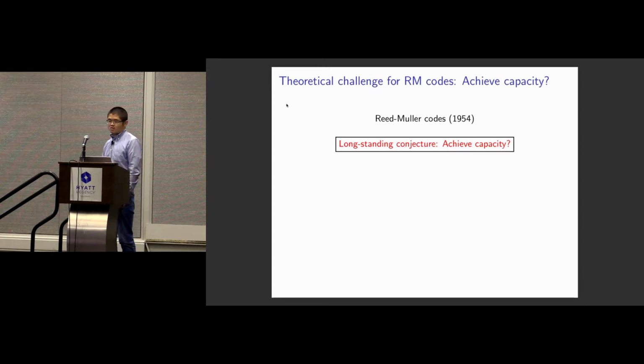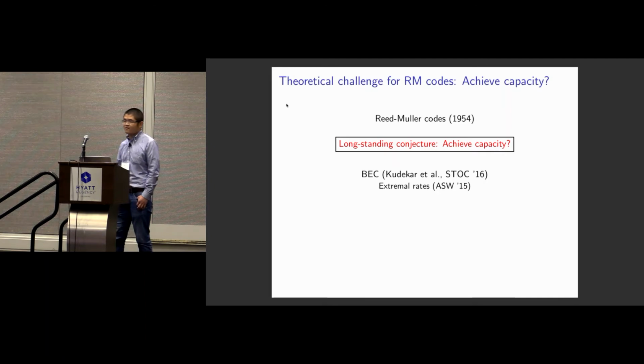Reed-Muller codes were proposed in 1954, but even till today, the major theoretical question for Reed-Muller codes is still whether they achieve capacity or not. So this conjecture still remains open till today, except for some very special cases. And even the answers to these very special cases were obtained just 3 or 4 years ago.